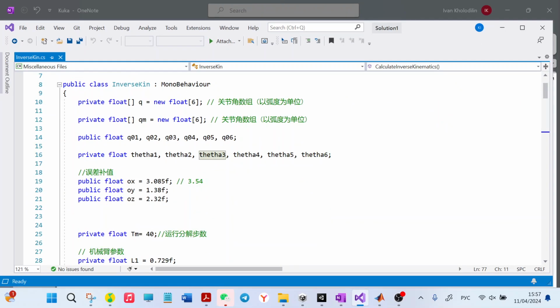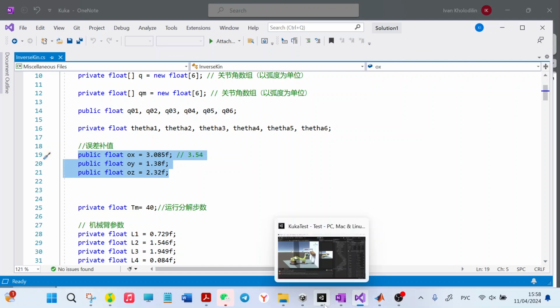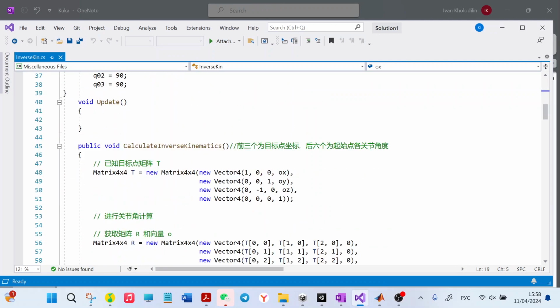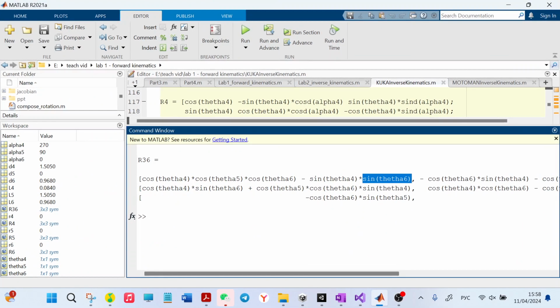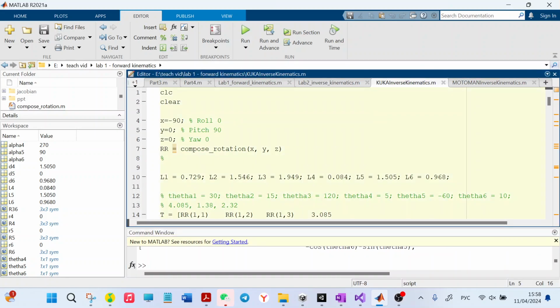Next, let's take a look at the script itself. What does it have? Here I calculated based on this position. To calculate inverse kinematics, we need to provide the last point and how to rotate our gripper. For this configuration, I also tested it with MATLAB before to find the suitable configuration for our robot.